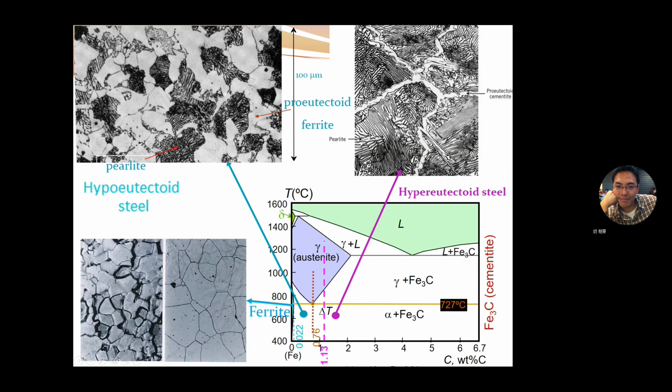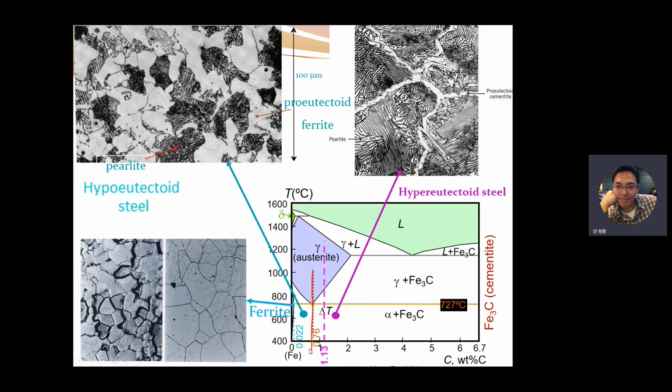Okay, so let's look at the microstructure. We already know this phase diagram of the iron carbon system, right? And we already know the reaction at 0.76 of carbon is the eutectoid reaction.